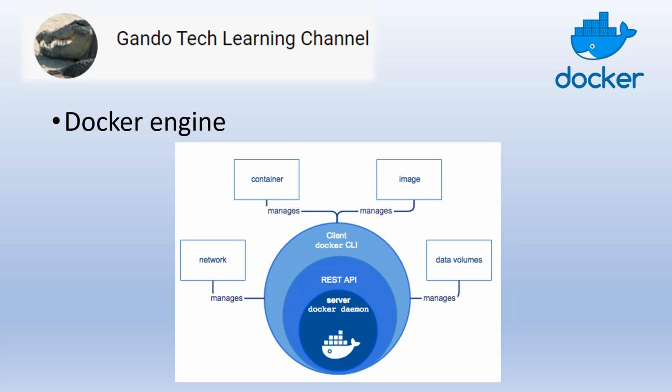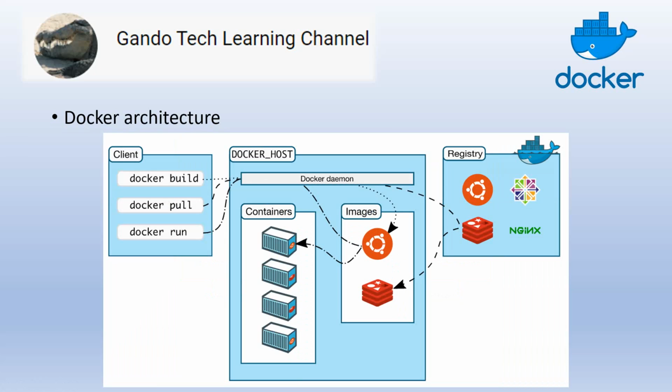Now the last piece of the puzzle, which is the Docker architecture. The Docker architecture is based on the client server process, it's a client server architecture. The client part talks to the daemon on the server side and gives the order or command to do the job for us, like creating containers and images, as I mentioned earlier.